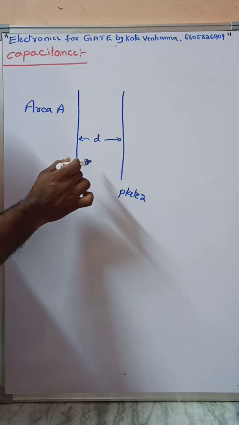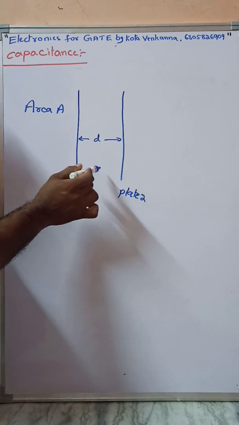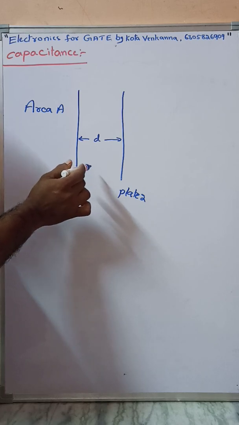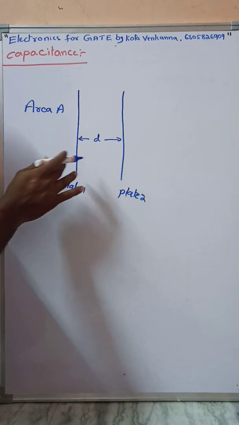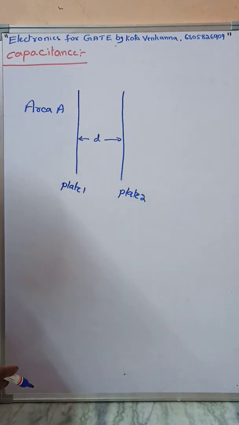we are using some dielectric material or insulation material, in order to reduce the interconnection between these two plates. Sometimes an air gap is also equal to dielectric material.